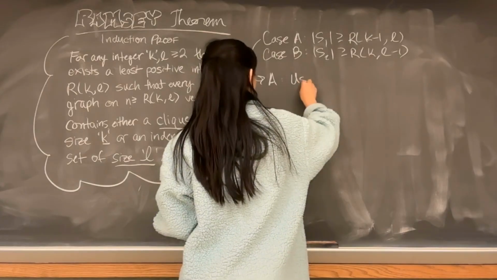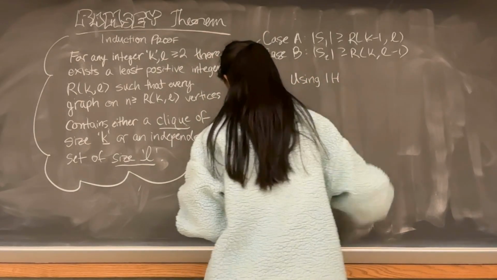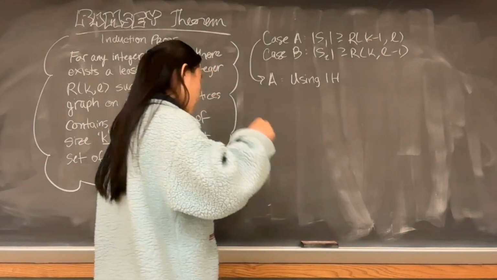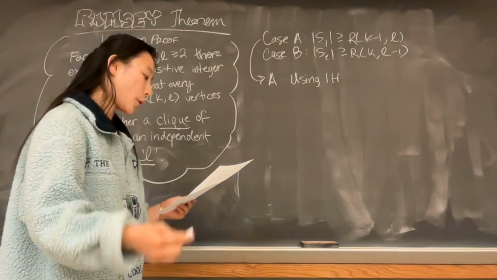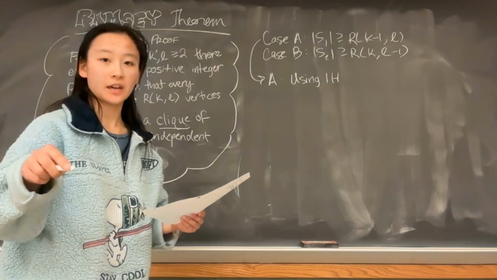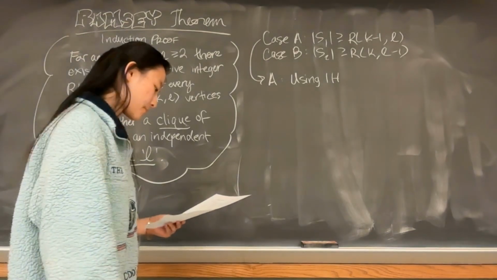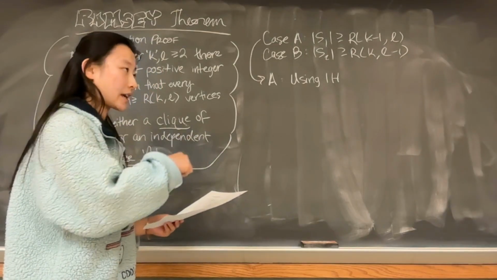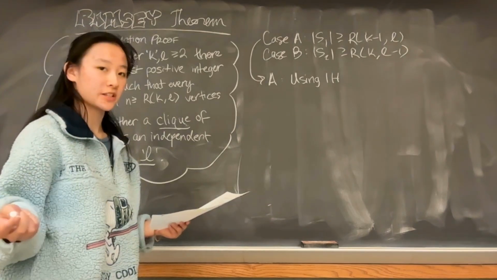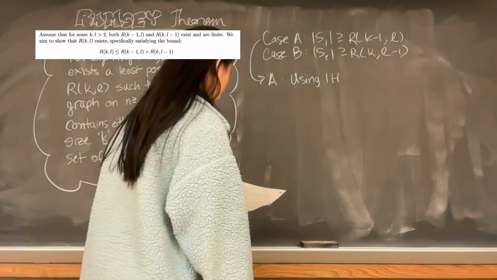Well, using our inductive hypothesis, which, remember, stated: assume for some K, L greater than or equal to 2, both R of K-1, L and R of K, L-1 exist and are finite. And we want to use that to show that R of K, L exists. So just remember that's what our inductive hypothesis states. Okay.